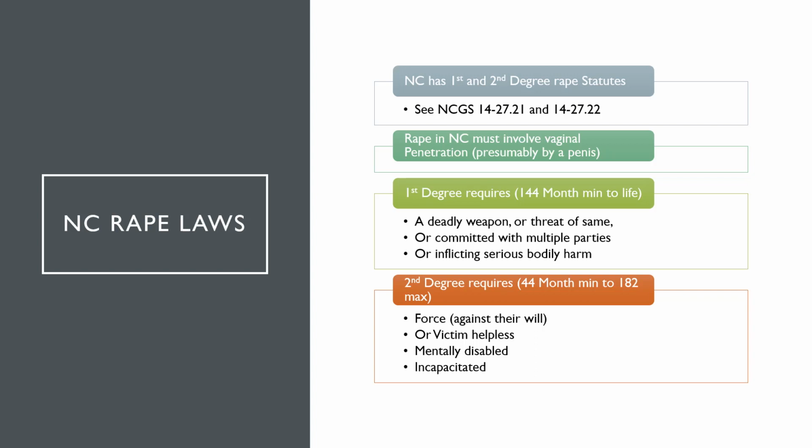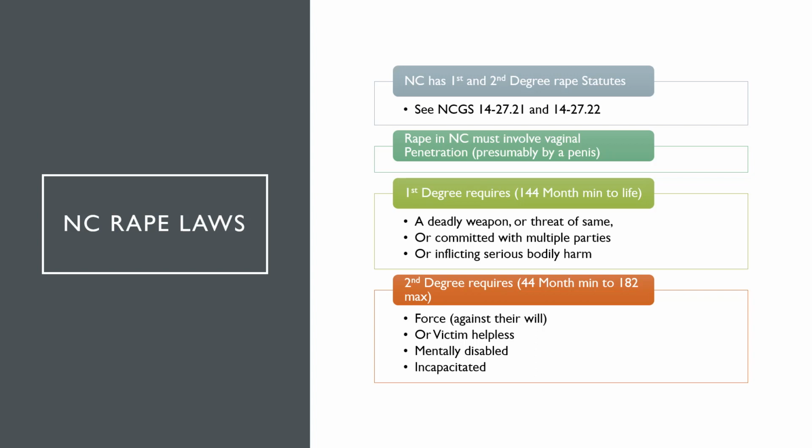Now, obviously, every rape has a trauma and harm associated with it. To make it first-degree rape, we're looking at something beyond that, something more serious, even though obviously the trauma associated with every rape is serious. We're looking at a next level event.